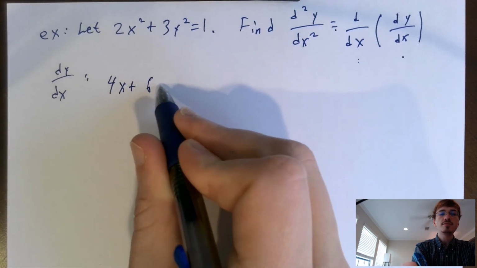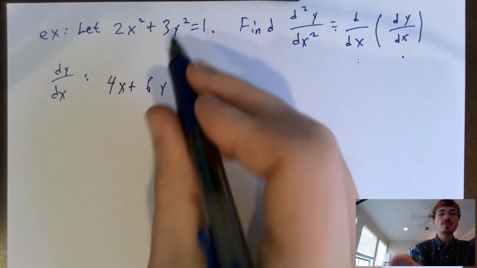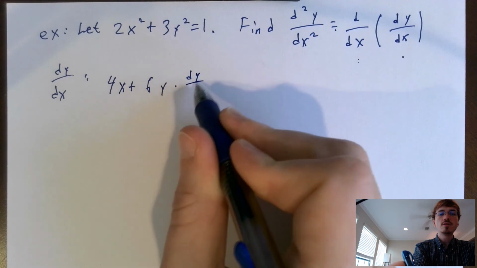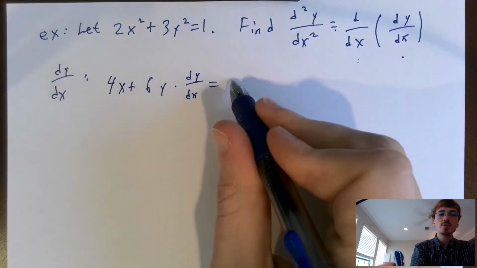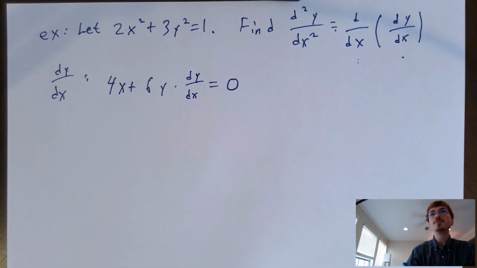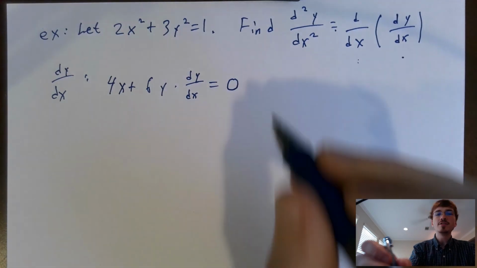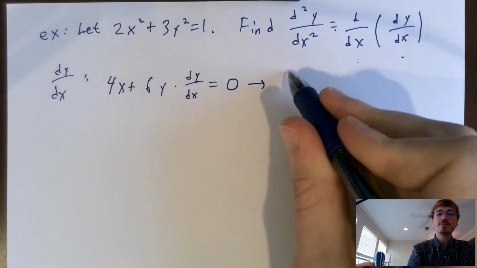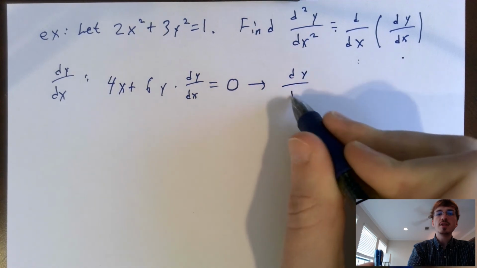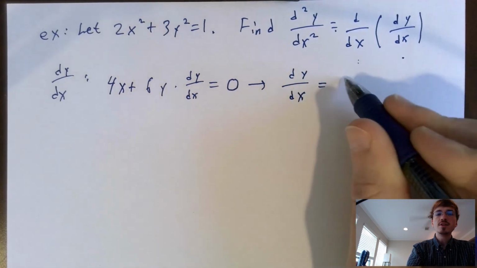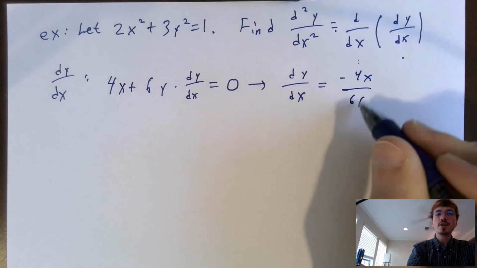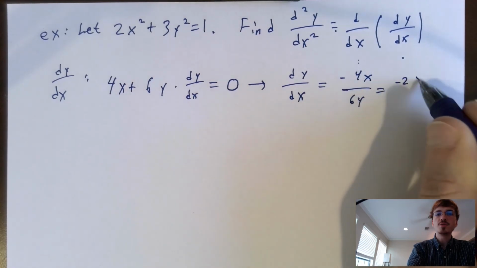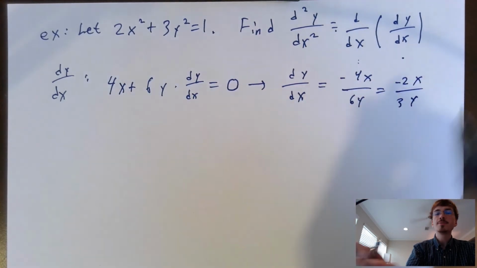It's 6 stuff times the derivative of what's inside with respect to x, which is dy/dx, equals the derivative of 1, which is 0. And solving for dy/dx now gives us that dy/dx is equal to negative 4x divided by 6y, which is negative 2x divided by 3y. And that's not so bad.